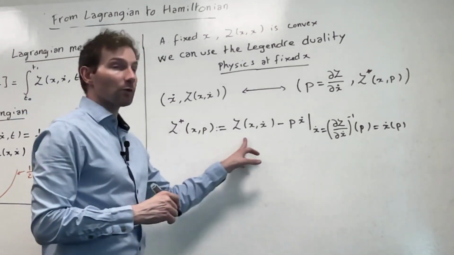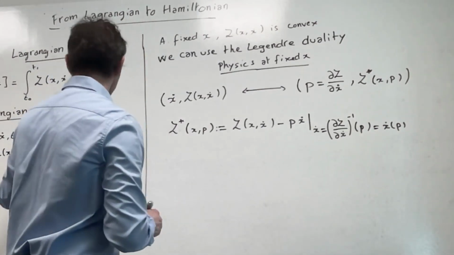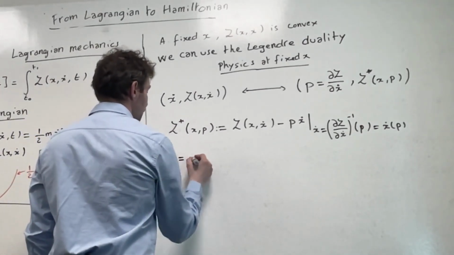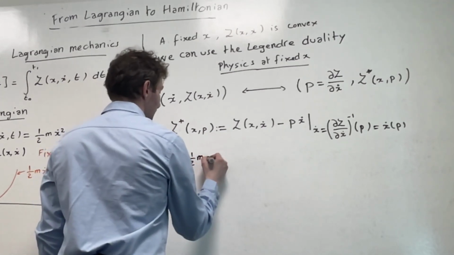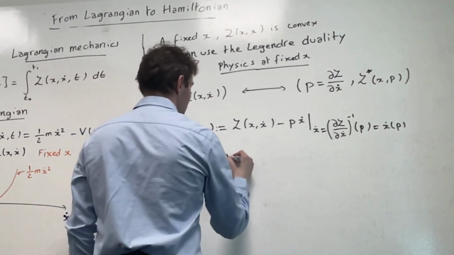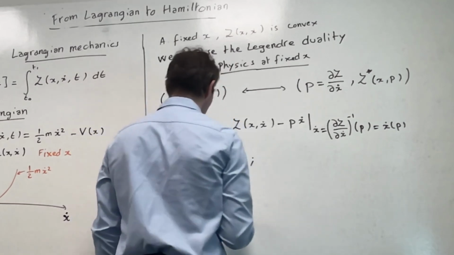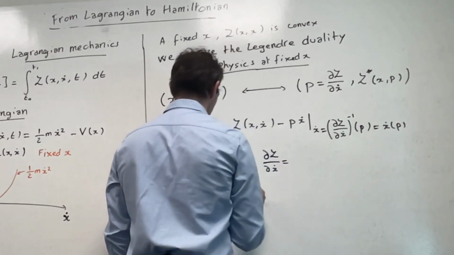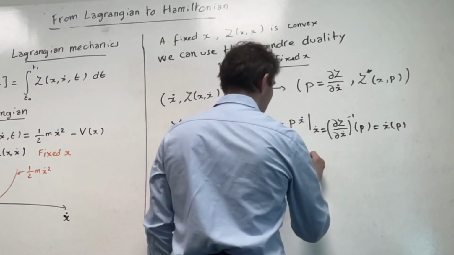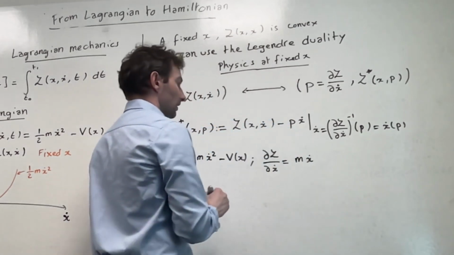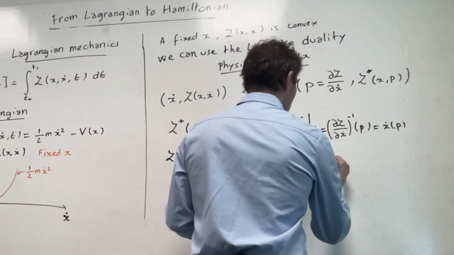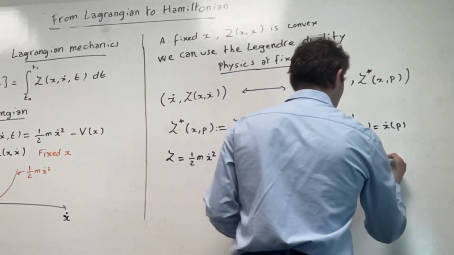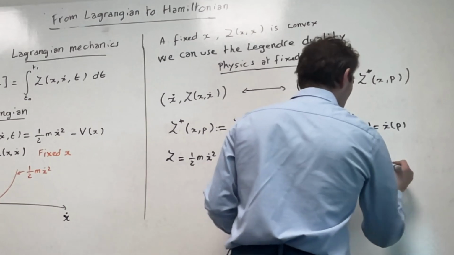So here this is something we can do with what we have. We have that L is equal to half m x dot squared minus V of x. So what do we have therefore? dL/dx dot is going to be equal to m x dot. And if I say that this is equal to P, then it follows that x dot is equal to P over m.